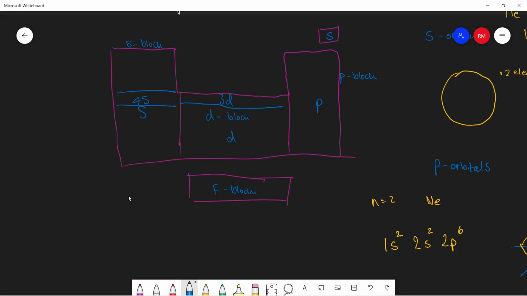The 4s orbital fills with electrons before 3d, and that is because the 4s orbital has lower energy. The higher energy orbital gets filled after.